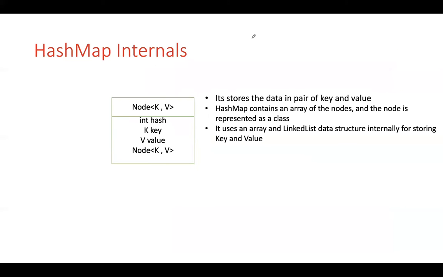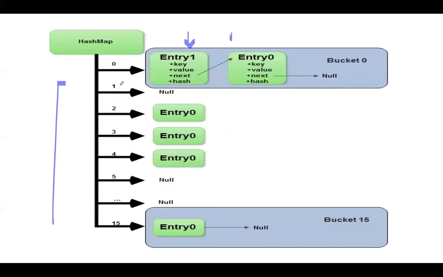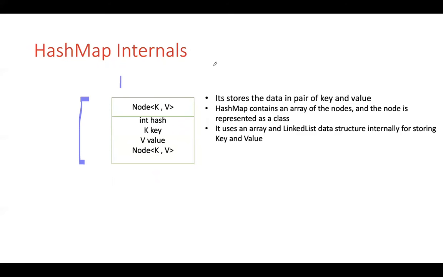So HashMap internally stores the data as pairs of key and value. So consider this node as a class. We can see in the previous slide, we mentioned this entry. So entry is nothing but each node. Each node has a key, a value, and a hash, along with a reference that points to another node in the bucket.